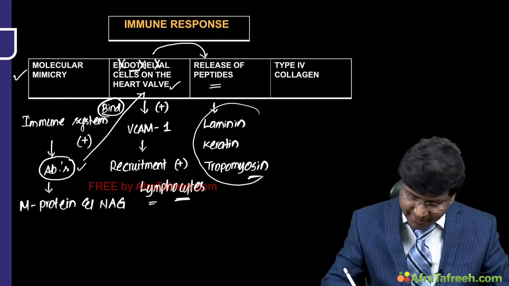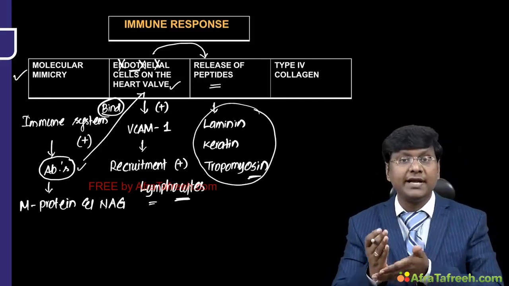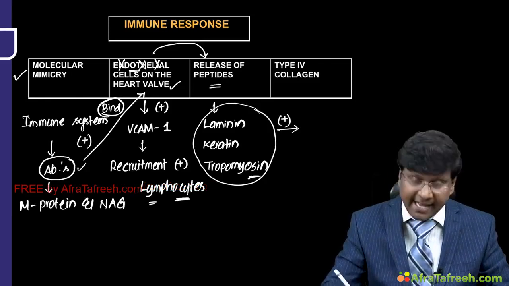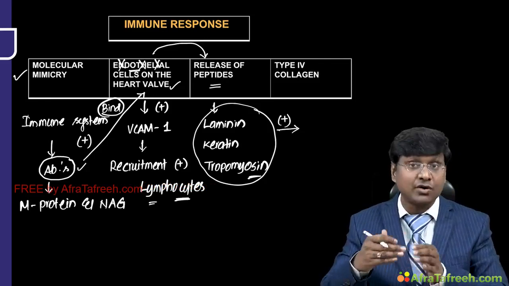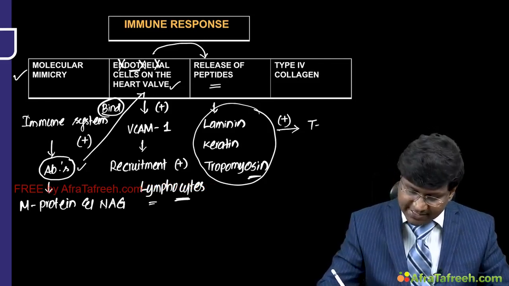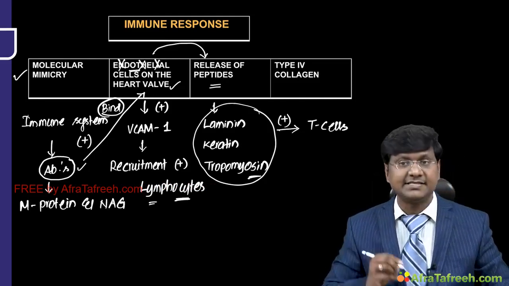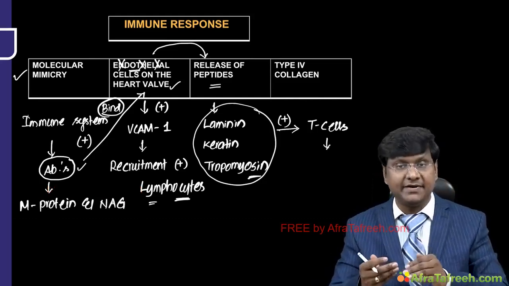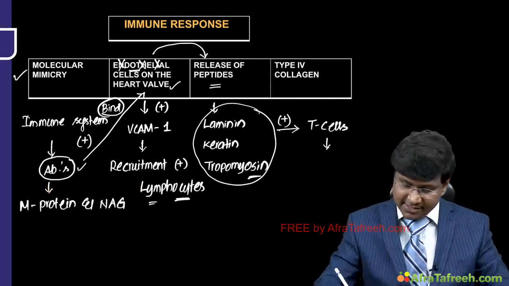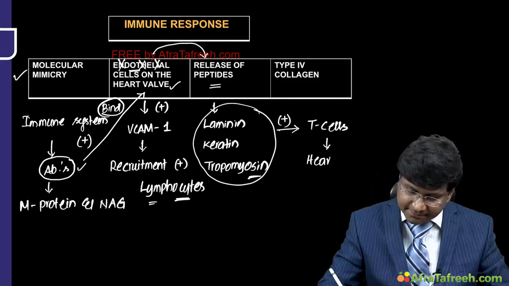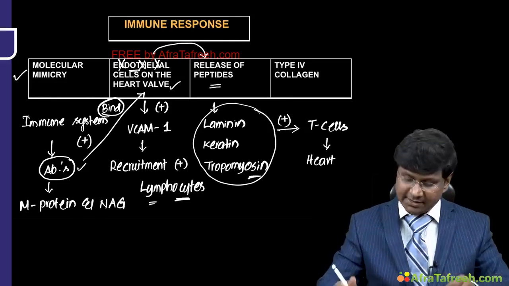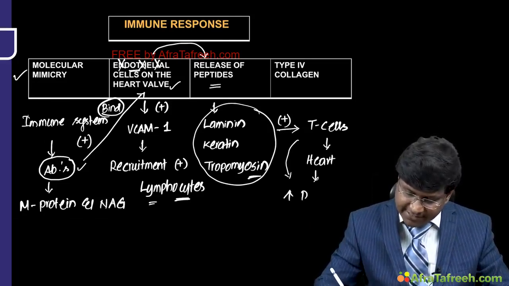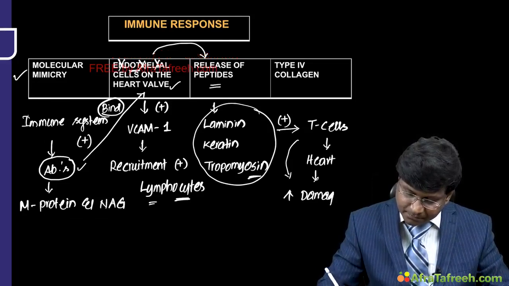The peptides released from broken endothelial cells activate and cross react with the T cells. So basically they activate the T cells, and once these T cells are activated, they invade the heart and amplify the damage. They increase the damage.